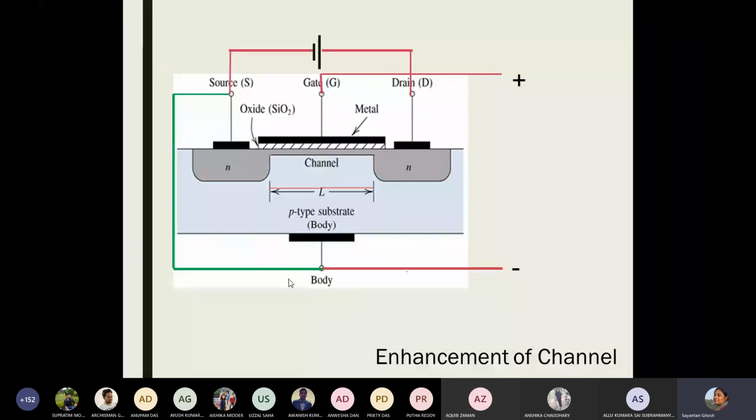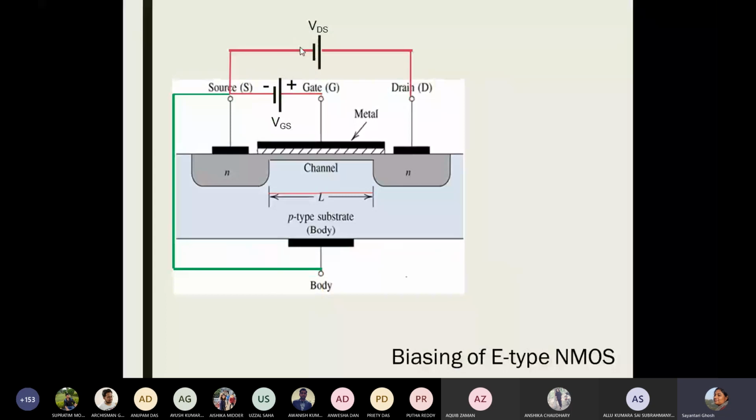That makes a common ground terminal at the body or source, and you can assume this to be your ground. Both the substrate and the source are at the same voltage now, and you can take the source as a reference. Just like in the JFET, you can take the source as a reference and see the gate or drain at a higher voltage than the source. So in a consolidated form, this will be your structure.